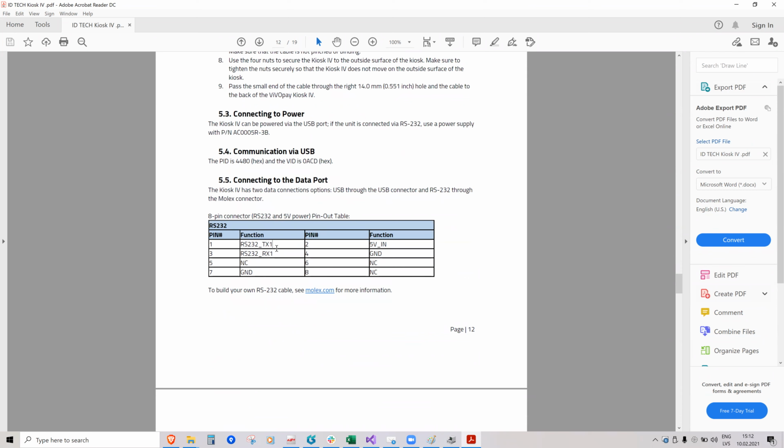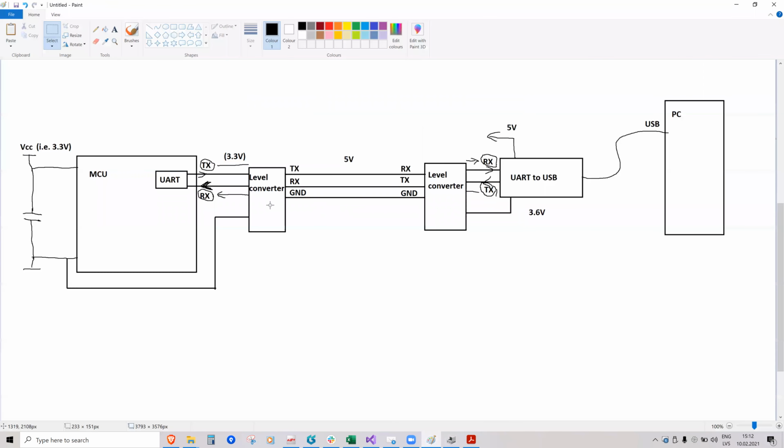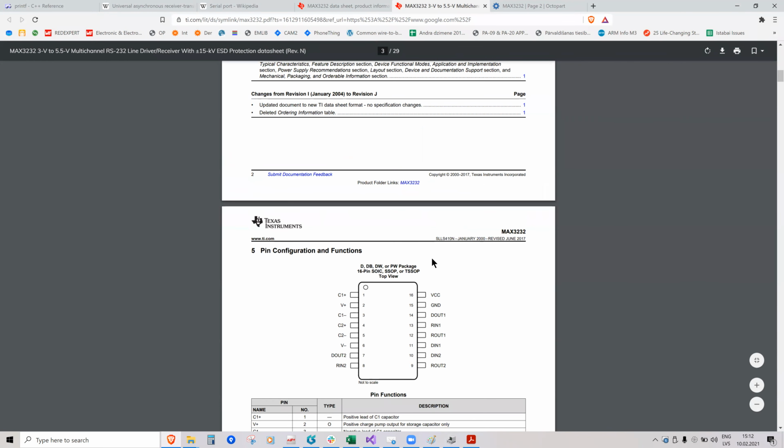And if, for example, I measured it and it said 3.3 volts, and my microcontroller is also working from 3.3 volts, then I wouldn't put these level converters. But it measured 5 volts, so I had to put a level converter before the microcontroller, and only then it worked.